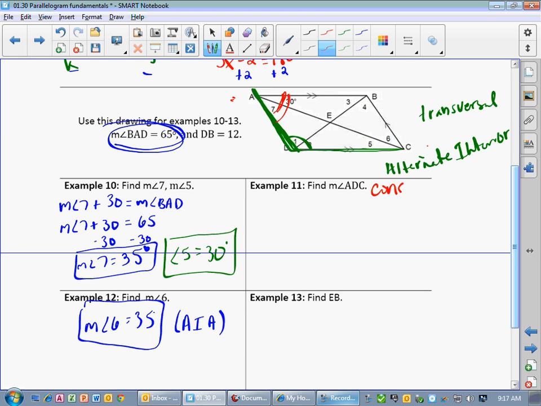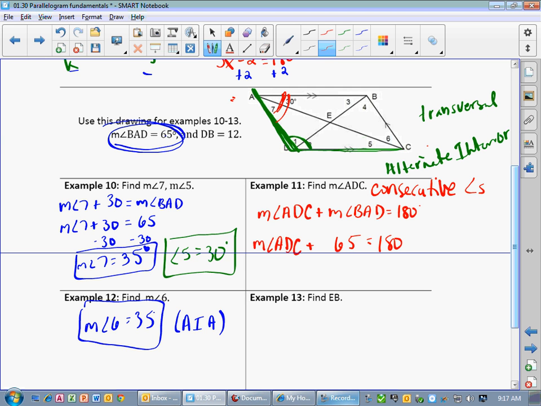Because they are consecutive. So I'm going to write that word again, consecutive. That's the new vocabulary word for the day, so expect to see it. So consecutive angles. And so the measure of angle ADC plus the measure of angle BAD must be 180. Now we know BAD because it was given to us, so that must be 65.